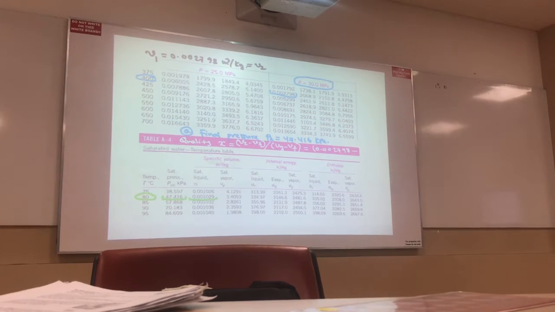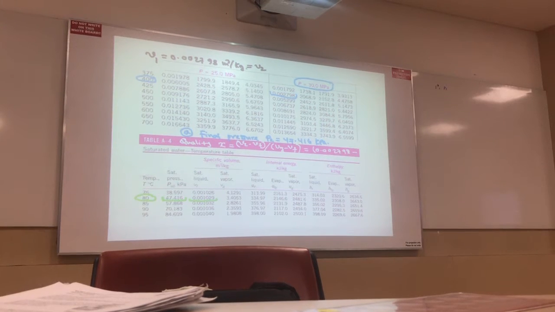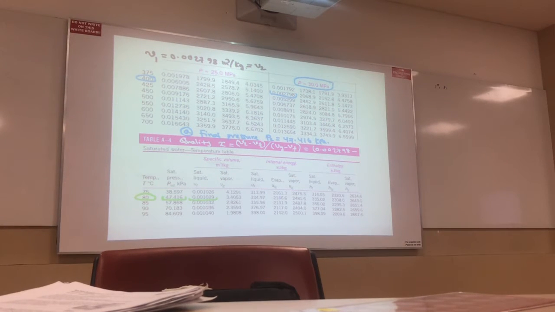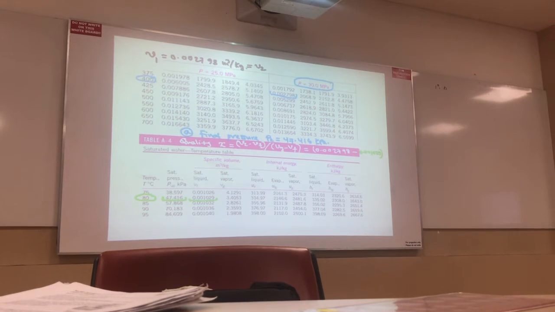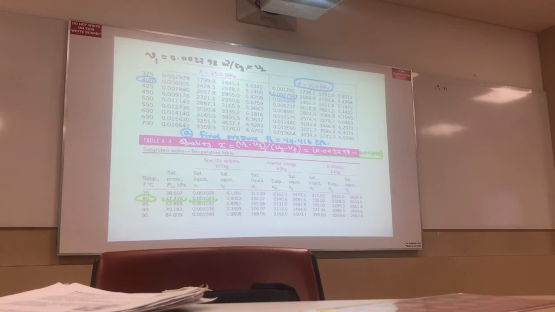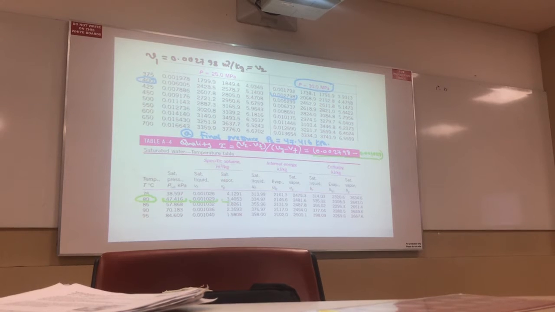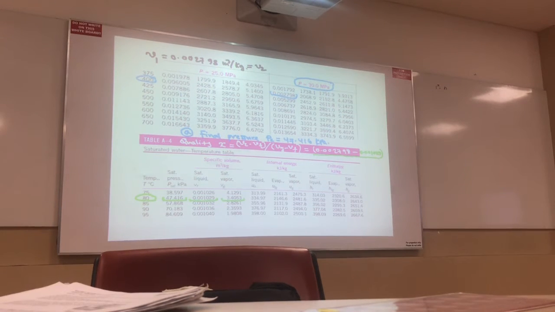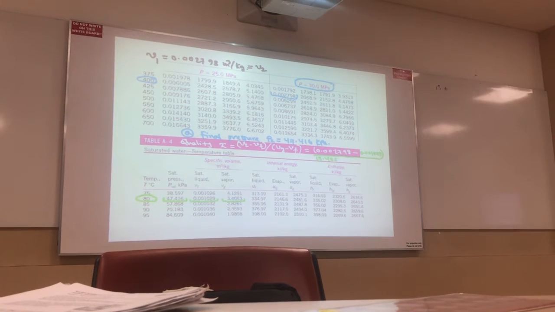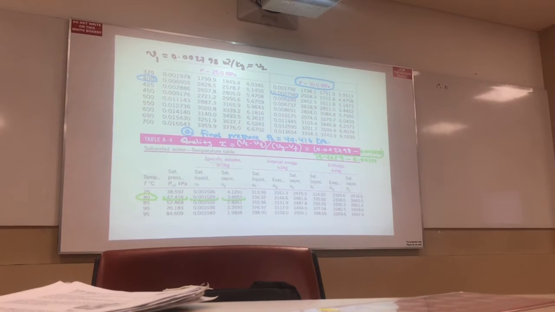Can you see? 0.001029, right? 0.001029 divided by, what? Vg, 3.4053, correct? 3.4053 minus 0.001029.